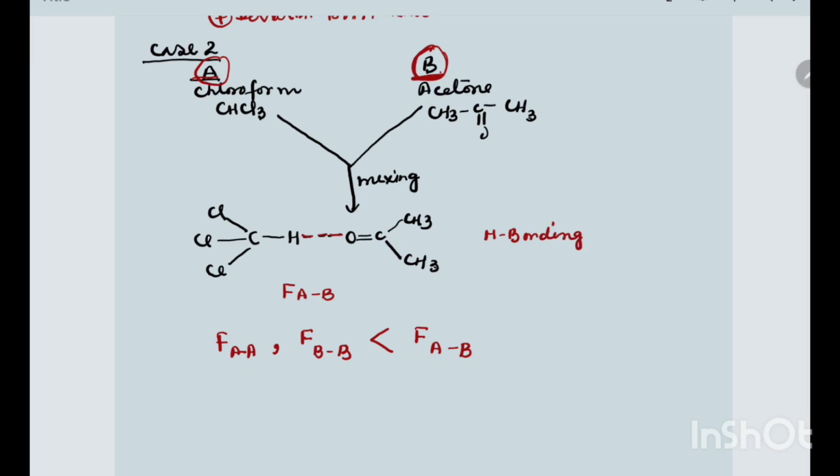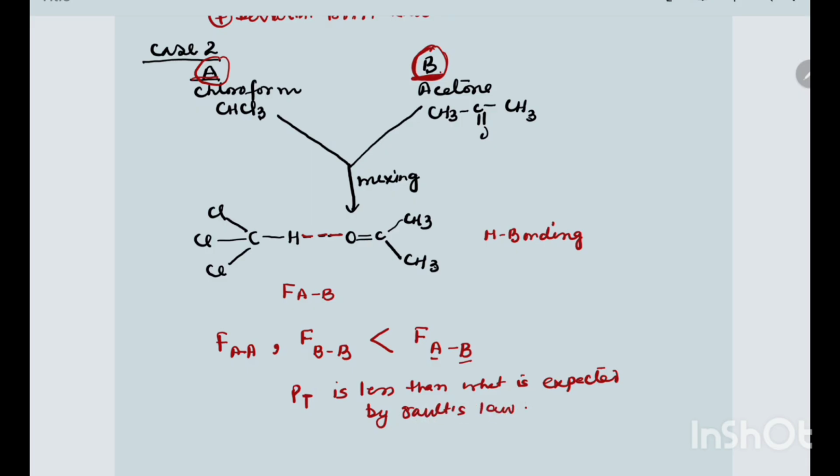So if they want to vaporize, A is holding back B and B is holding back A from vaporizing. So in this case the total pressure is less than what is expected by Raoult's law.